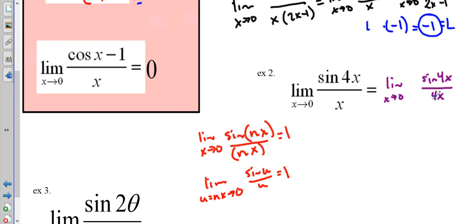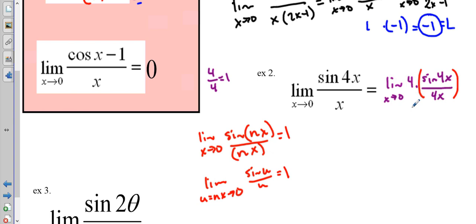I can put a 4 down here as long as I multiply the numerator also by 4. Hopefully you're thinking, 4 over 4 equals 1, and I can multiply anything by 1. I'm doing that because now, using the properties of limits, I've created something I can solve.